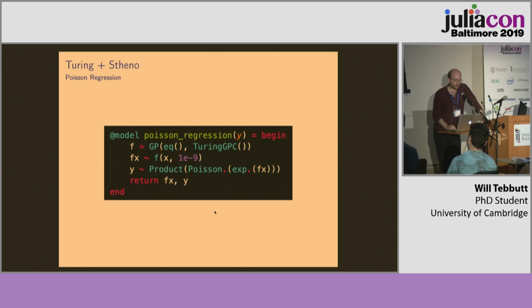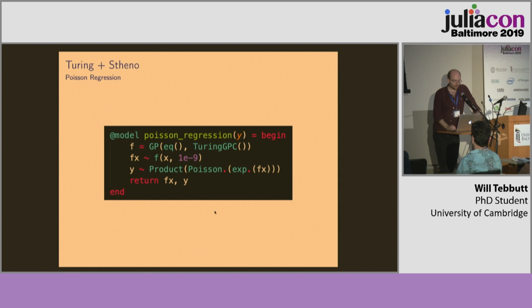And then we're going to make a bunch of IID observations, conditionally independent observations given fx. So here it's saying that the exponential of fx is going to govern the rate of a bunch of independent Poisson distributions, and then this product thing is a Distributions.jl thing to just smush them all together into a vector.